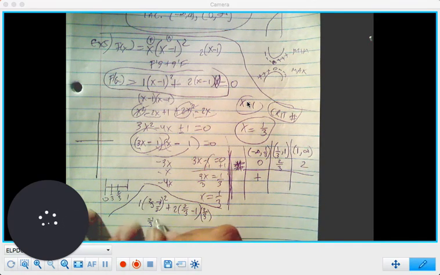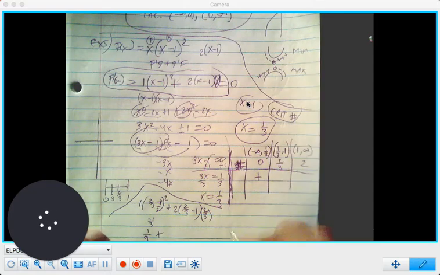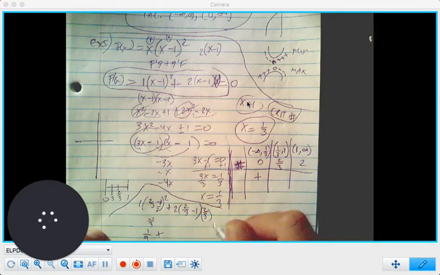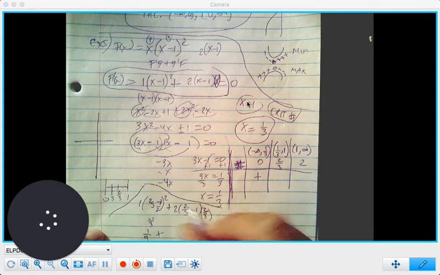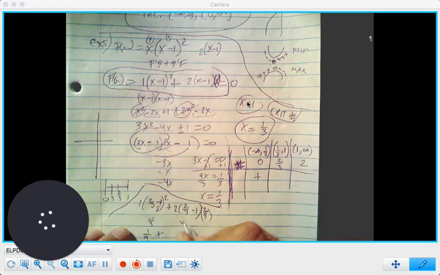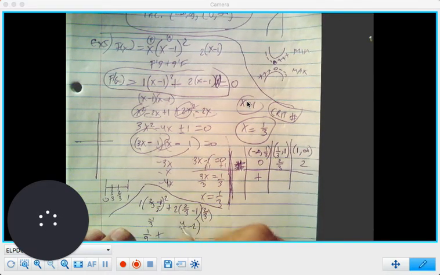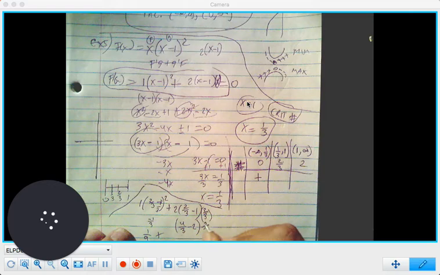Negative 1/3 squared is 1 over 9. So 1 over 9 plus, this is going to be 4/3 minus 2, and then times 2/3.